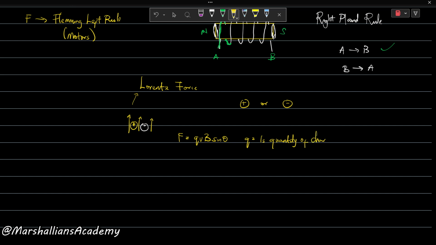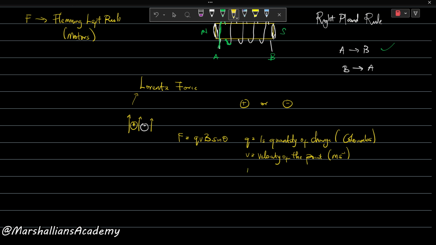Are we together? How many coulombs? What is V? V will be the velocity of the point charge. What is the speed at which the point charge is entering the magnetic field? Velocity of the point charge, and this is going to be measured in meters per second. You know this by default.